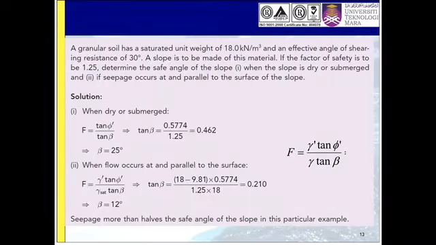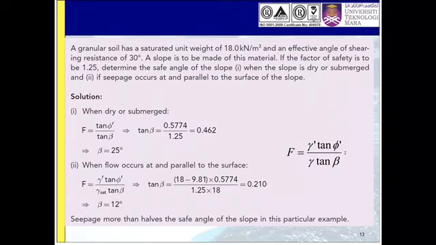Right, this is an example of a drained condition. A granular soil has a saturated unit weight of 18 kilonewton per meter cube and an effective angle of shearing resistance of 30 degrees.